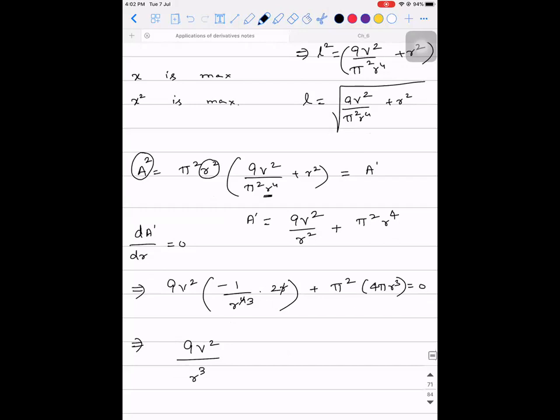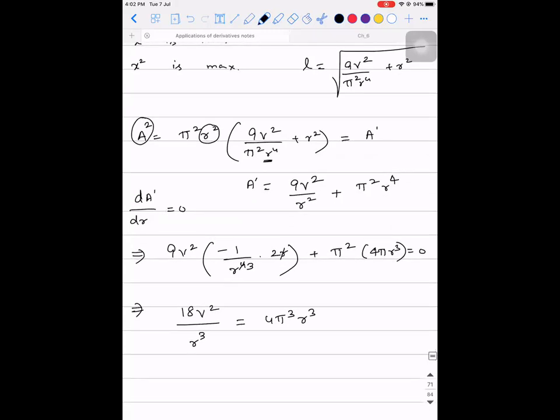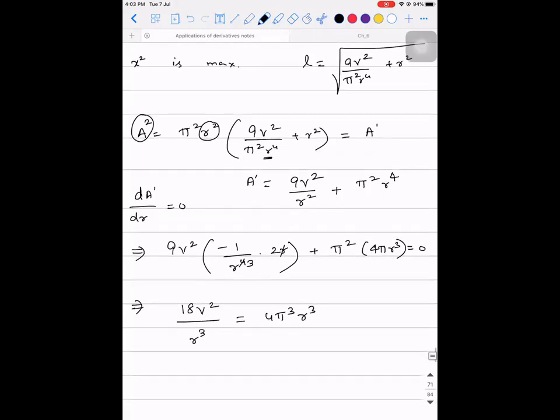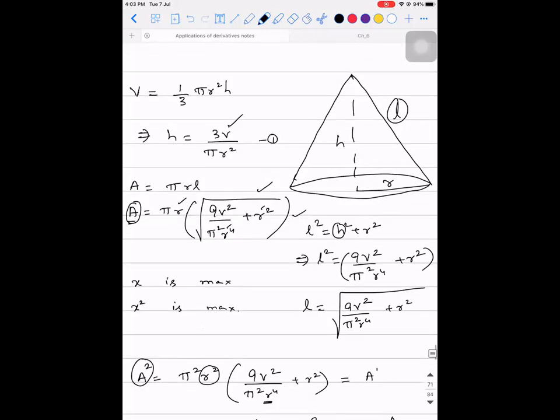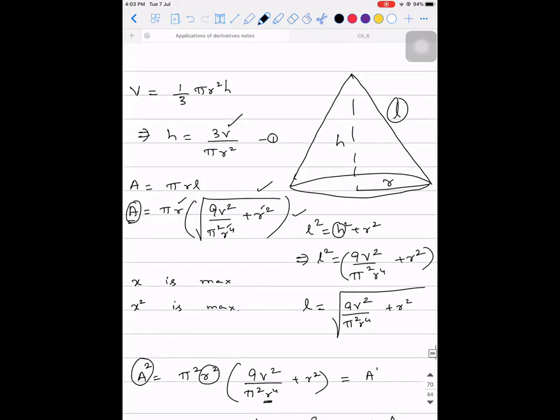Then 9v square by r power 3 into 2 is there, right? 18v square by r power 3. 18v square by r power 3 will be equal to 4 pi cube into r power 3. So you're getting power 1 by 6. Right? So what are they asking us to prove?